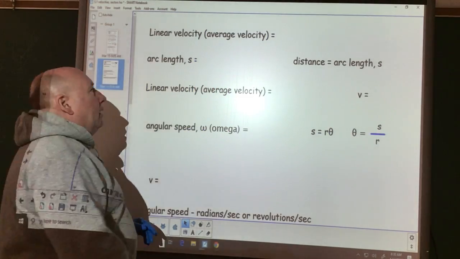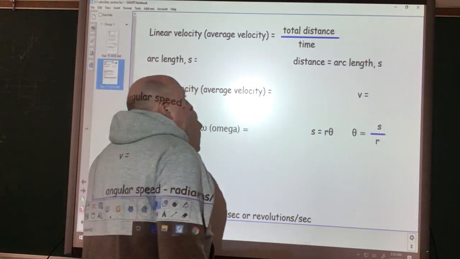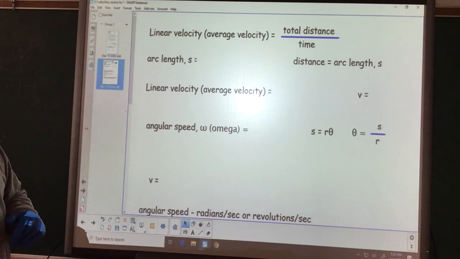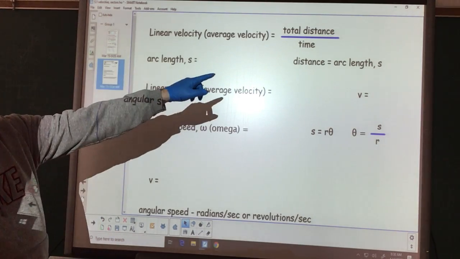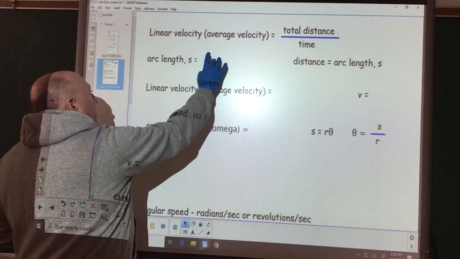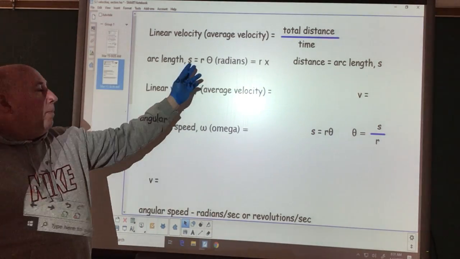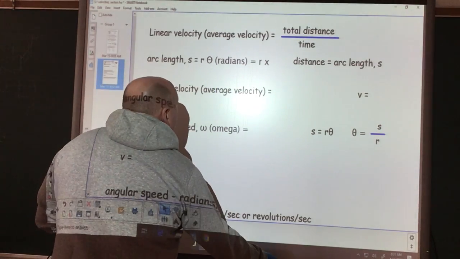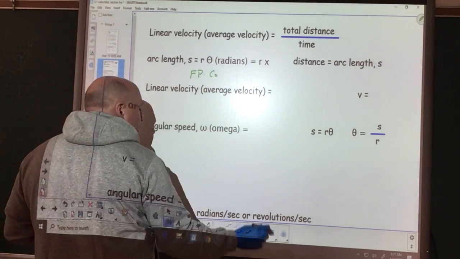Linear velocity. Linear velocity is your total distance divided by time. This is your average linear velocity. Take your total distance divided by time. Well, what we have here is my distance is going to be my arc length. And my arc length is calculated by radius times my number of degrees in radians, or my fractional part times the circumference of the circle.